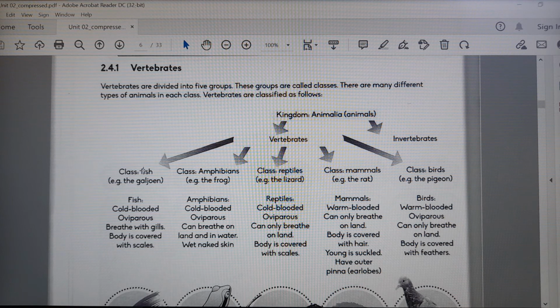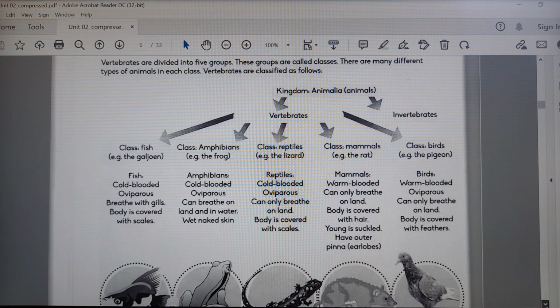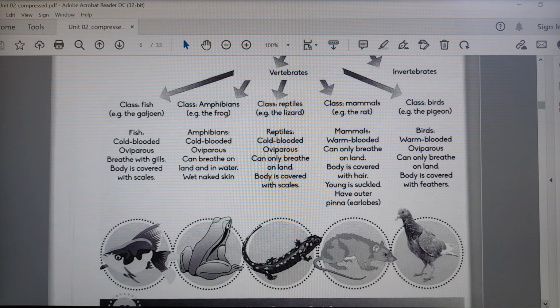Now let's learn about fish. They say fish are cold-blooded, oviparous, breathe with gills, and the body is covered with scales. So fish are cold-blooded, oviparous, they breathe with gills, the body is covered with scales.